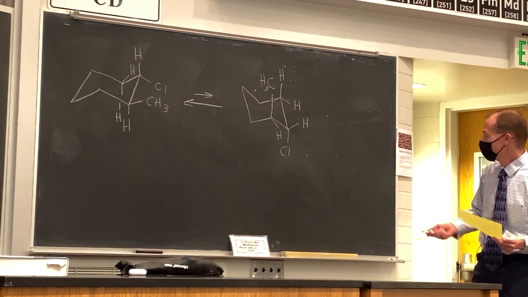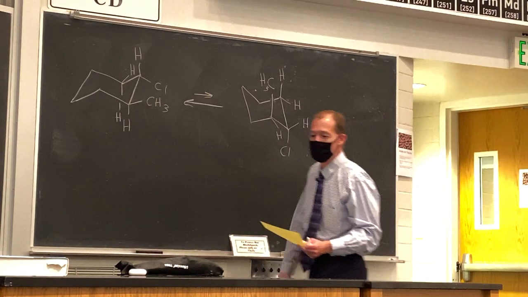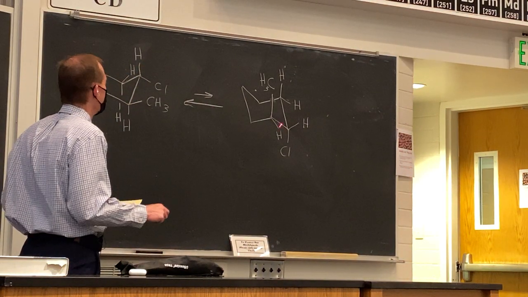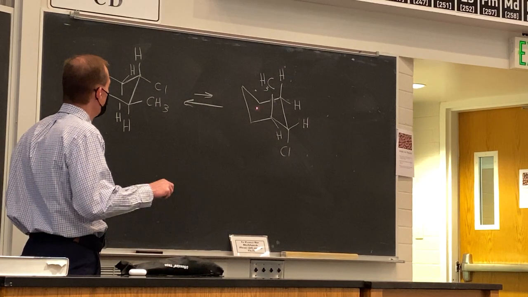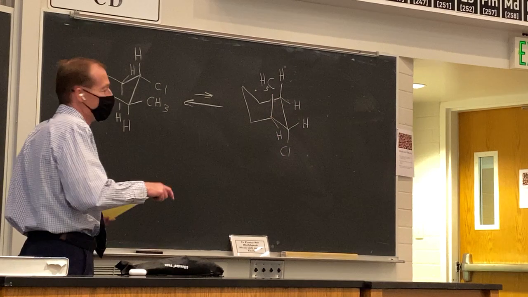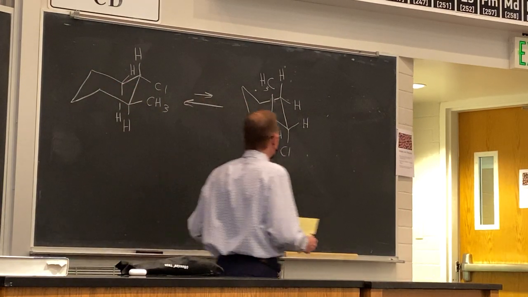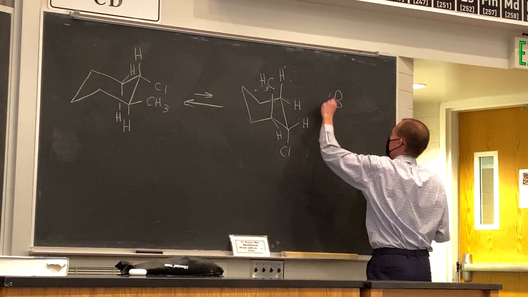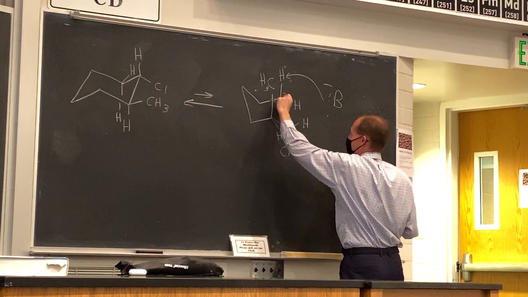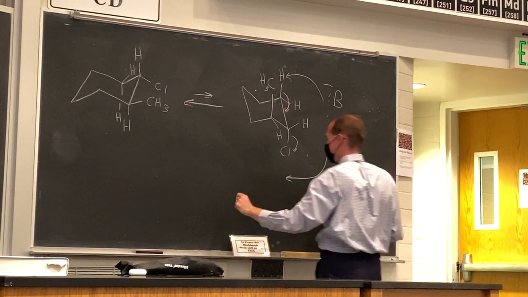Okay? How many beta hydrogens do we have that are anti to our leaving group? Just one. Only this one right here. The beta hydrogen on this carbon is gauche. We have a methyl group that is anti. So there's no way to deprotonate this beta hydrogen. So in this case, we deprotonate the beta hydrogen on the less substituted carbon because that's our only option.